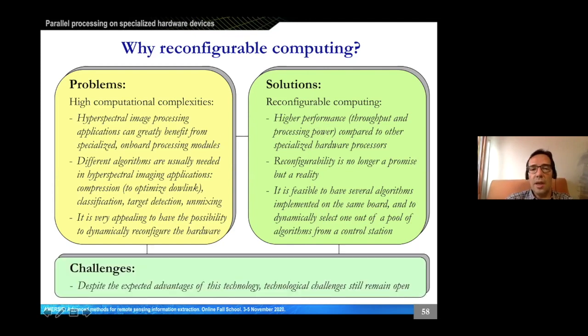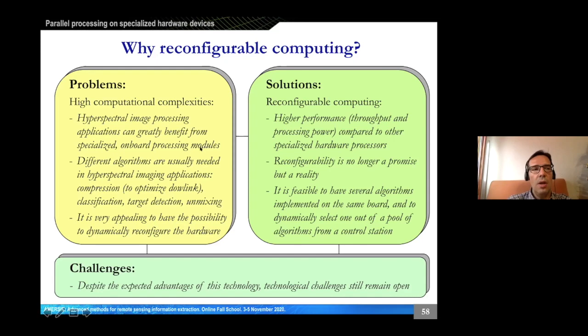So in general, reconfigurable computing is a very appealing solution, but recently a discussion has been put in place in the community, because normally in order to develop algorithms for FPGAs, we need to overcome some difficulties in the programming that are not so serious when you use other platforms like GPUs, for example, graphics processing units, that are very simple to program in comparison to field programmable gate arrays.